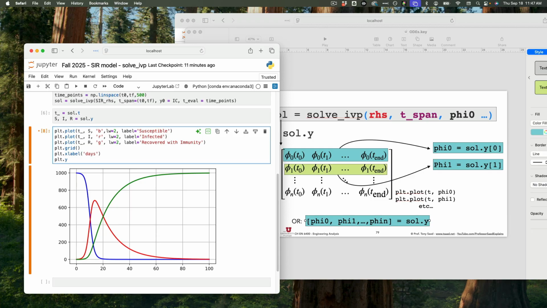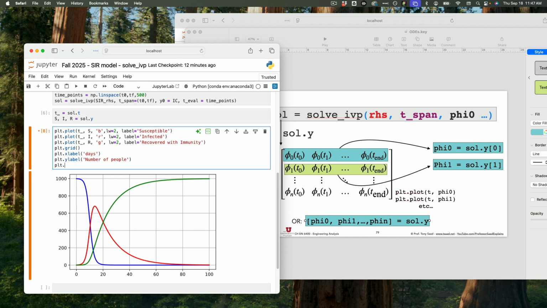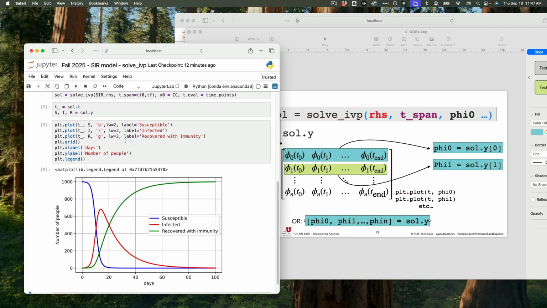I don't want patient 0 to feel bad. plt.ylabel, population, just population or number of people, okay, and plt.legend. Let's put the legend on it. Okay. Look at that. Very nice.